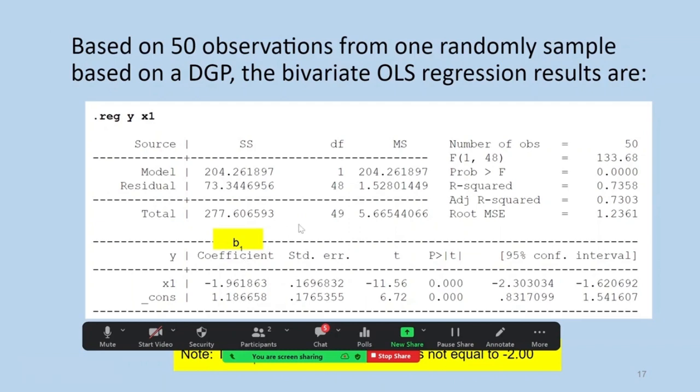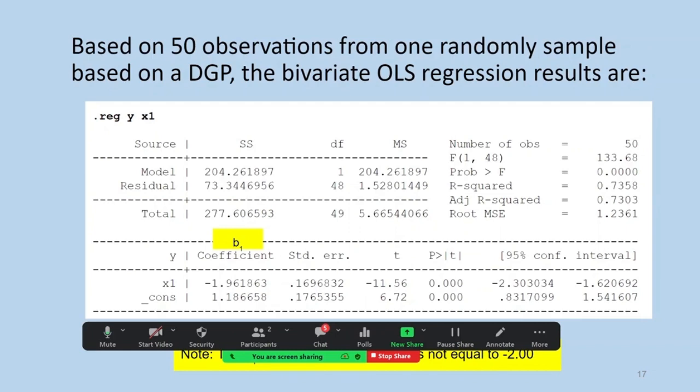Okay, so in Stata, after we create this simulated data set, it's not real, we regress Y on X1. You would get this. That's an ANOVA table, analysis of variance. Don't worry about it. We don't use it. People who run regressions don't use it, right? So don't worry about that.